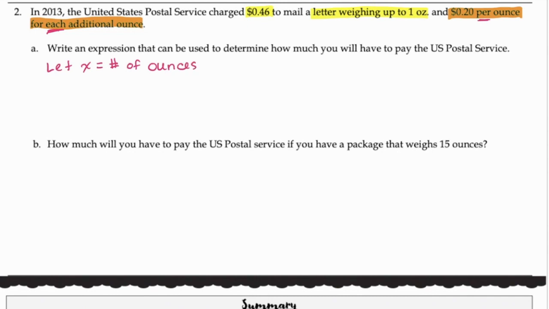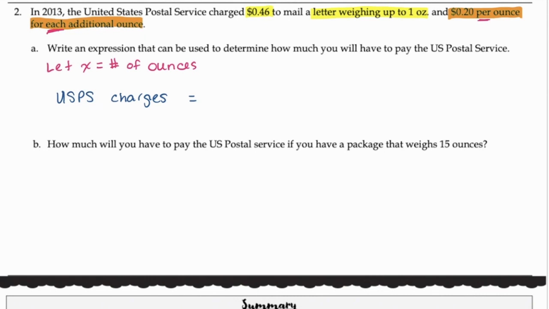Now that I have that, now comes the hard part. Now comes us reading again and interpreting it piece by piece. The U.S. Postal Service charges. Okay, so the U.S. Postal Service is going to charge 46 cents to mail a letter weighing up to 1 ounce.